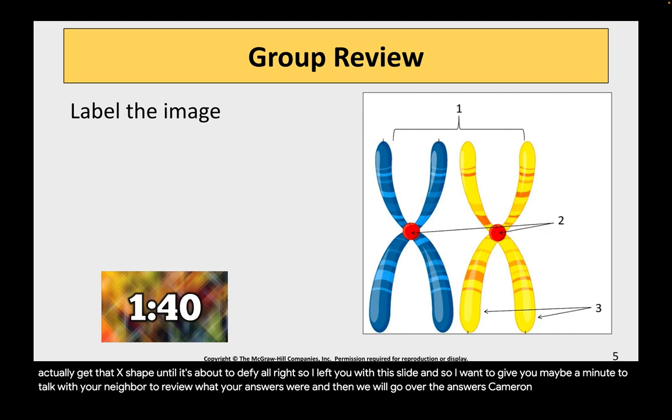Yeah, 2 is the centromere, and then the 3 is the sister chromosome. Oh, yeah, yeah. One would be, no, I take that back. One is, one was, 2 is. I was thinking of you when I saw that.